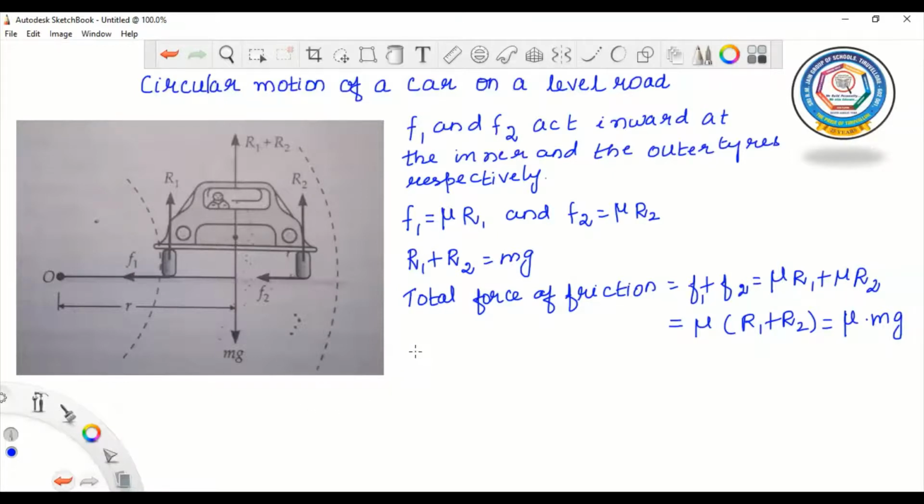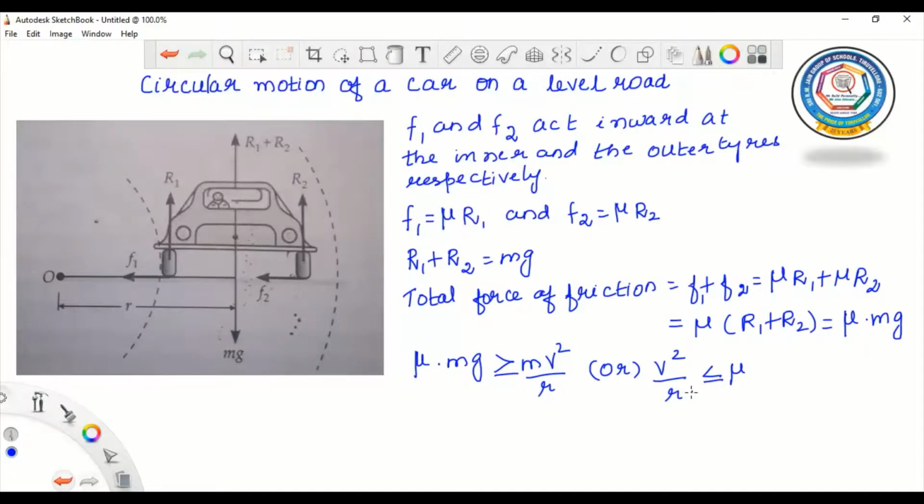That is, mu mg should be greater than or equal to mv square by r, or else we can also write, this m and m get cancelled, v square by r is less than or equal to mu into g.